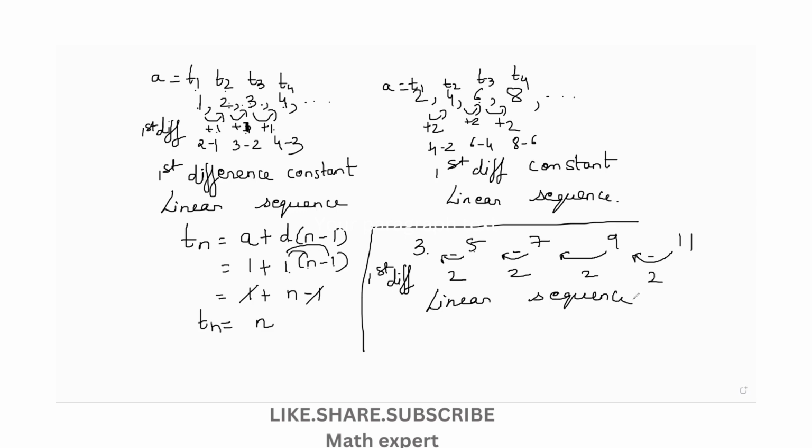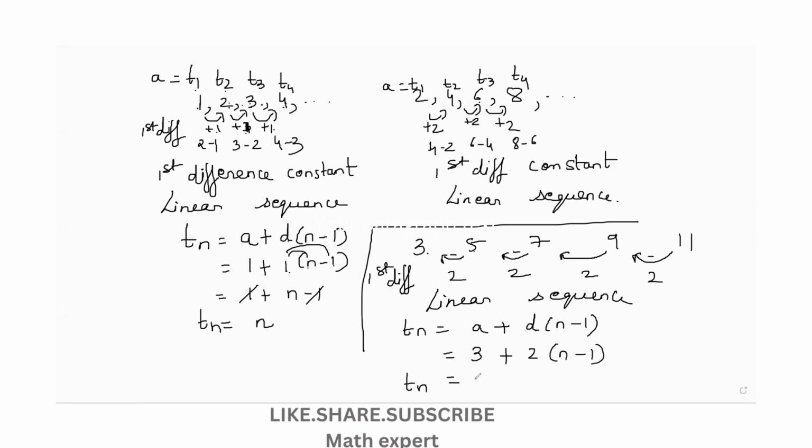And now if I want to find the general formula, what is it? Again, Tn equals a plus d(n minus 1). What is a? a is the first term, that is 3, plus what is d? The difference. It's 2 throughout. Then n minus 1 will be as it is.